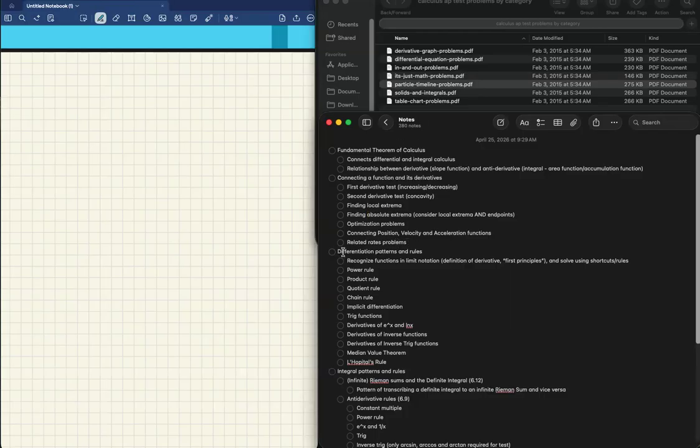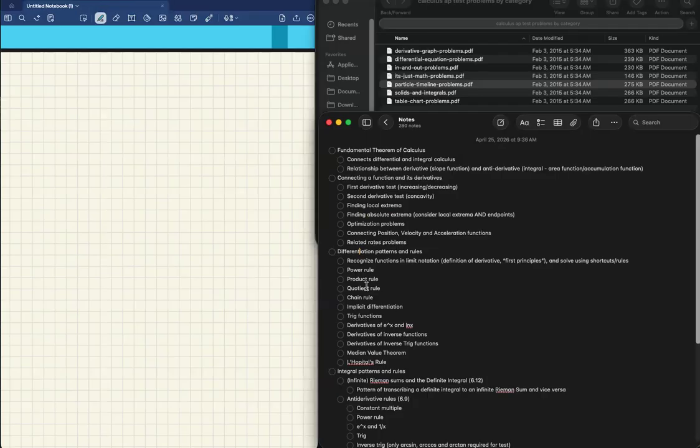Okay, so now let's look at differentiation patterns and rules. This section is digging into a review of everything that's essential in the differential calculus section. That's particularly useful for multiple choice questions: you have to recognize a function in limit notation.